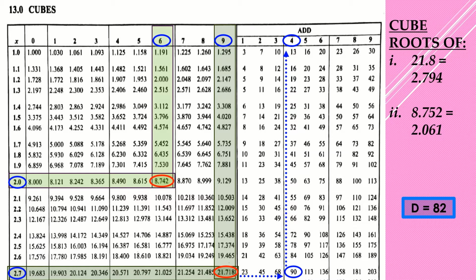So what is the difference between 8.752 and 8.742? If we do that, I'm very sure we will be getting 0.010, and that 10, which is the last part of the answer that we have gotten as 0.010, is what we need to find on the next table.